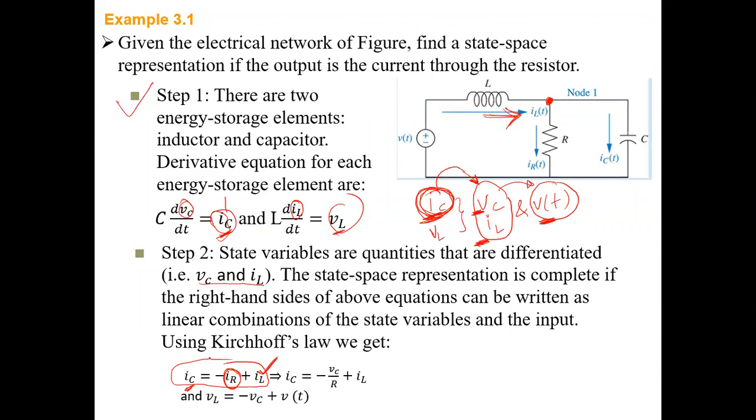So we found this equation, there is no doubt. Even though we found it, we haven't finished our task yet, because your IC is in terms of IL, which is good, but you need to find it in terms of VC also, and if you can, in terms of VT also. So how do you do that? How do you change this IR in terms of VC?